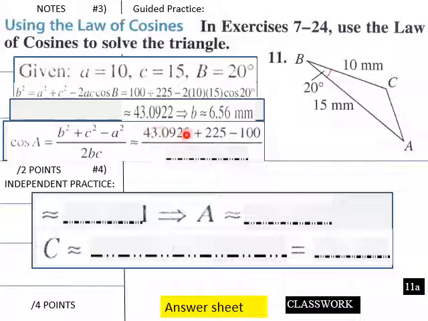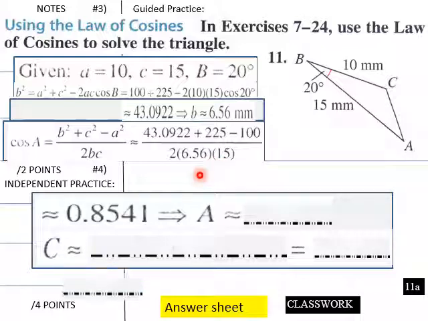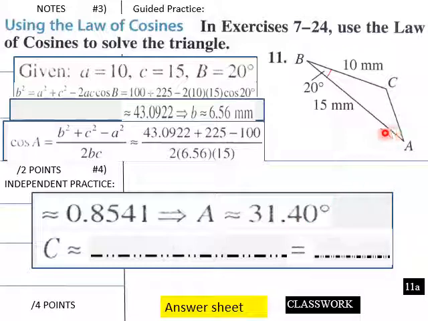So when we plug in our values here that we know, we have this, then over 2 times b times c, 2 times 6.56 times 15. And then when we calculate that, we come up with this number here, and then when we convert that into an angle measure, we get 31.40 degrees for A here.